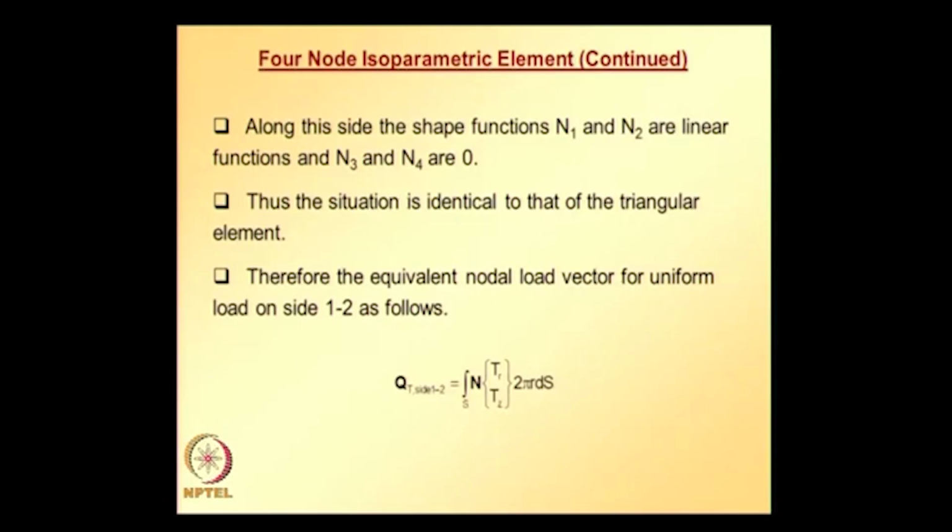So it is written as Q subscript T, side 1 2, and it is given by the line integral of the shape function matrix, consisting of all the 4 shape functions along 1 2, times the traction components along the radial direction and axial direction.